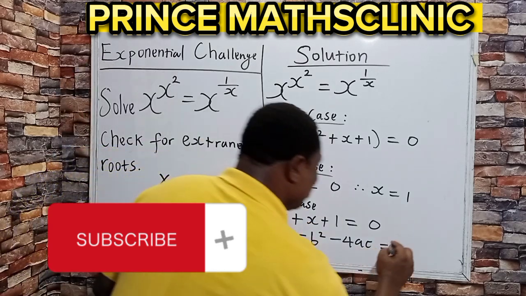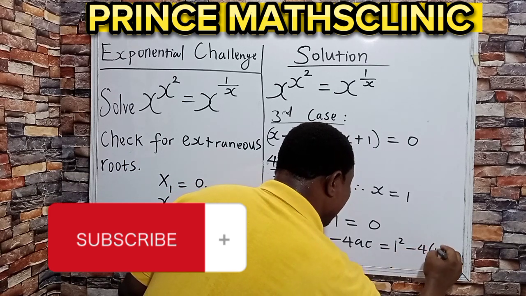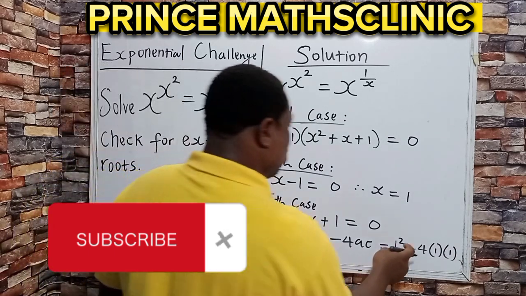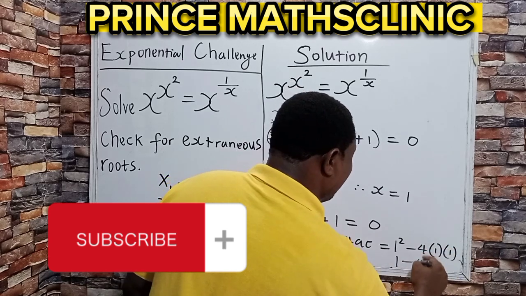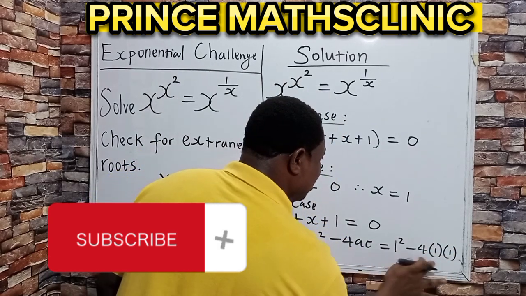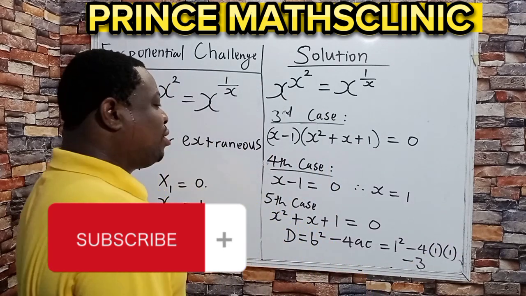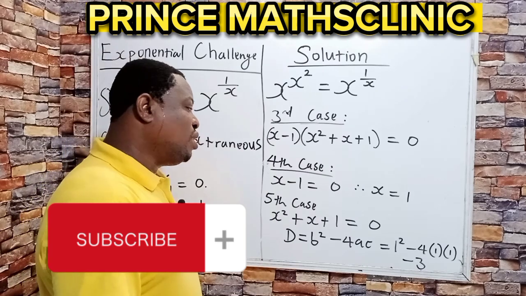So b squared means 1 squared minus 4. A is 1 and my c is 1. So 1 squared is 1, 4 times 1 times 1 is 4. And 1 minus 4 is negative 3. Hence, my solution to this, because of the discriminant, cannot be real.